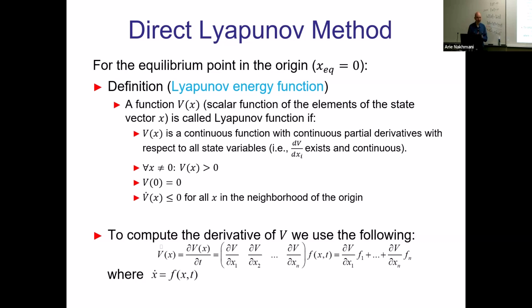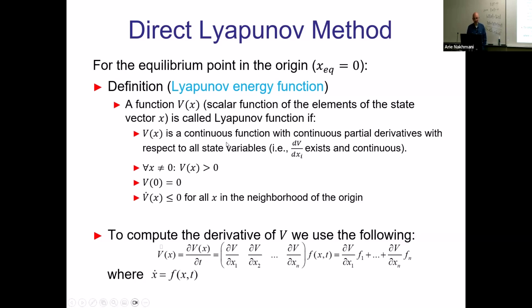And this is where the difficulty is, and this is why I mentioned previous times that sometimes you need actually to develop an entire PhD to find that function for a particular system. For some systems, designing the Lyapunov function is like PhD work, a lot of work to figure out what that function is, to find such a function that does all of that for your particular system. And this is where it becomes very complicated.